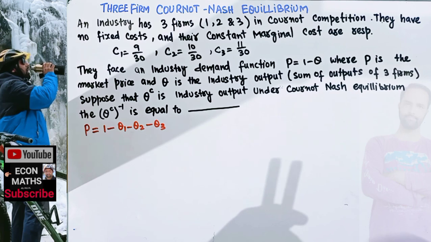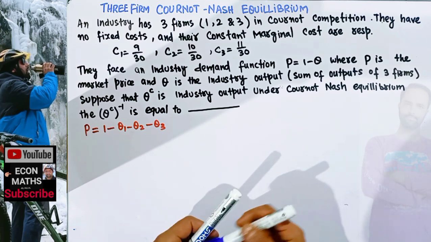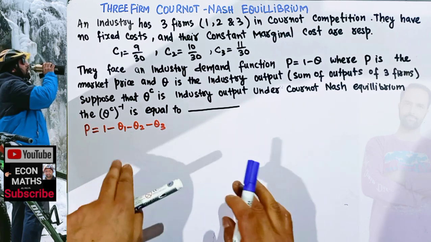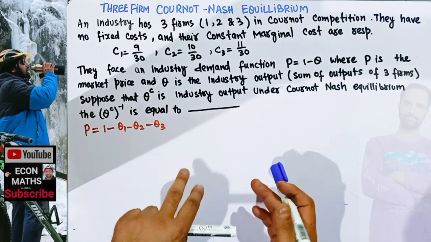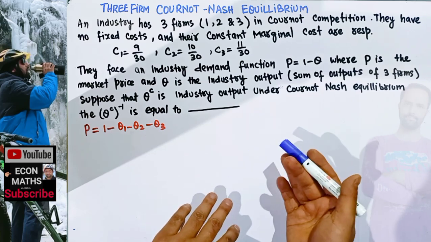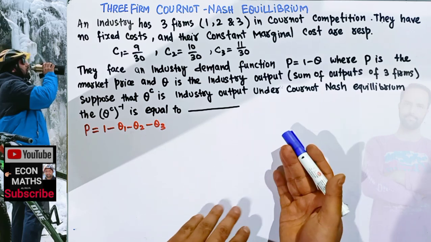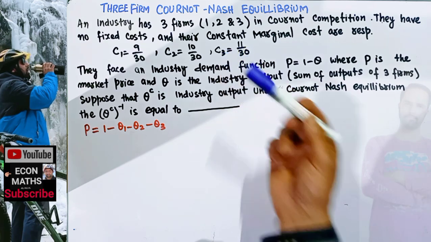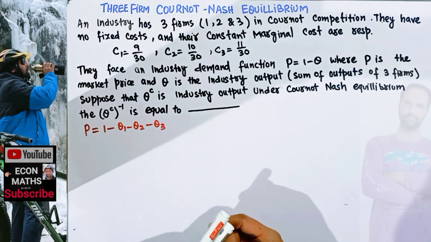Now we take the three firms one by one. First we will find the marginal revenue of firm 1 and equate it with its marginal cost. Then we will take the marginal revenue of firm 2 and equate it with its marginal cost, and lastly the marginal revenue of firm 3 and equate it with its marginal cost.